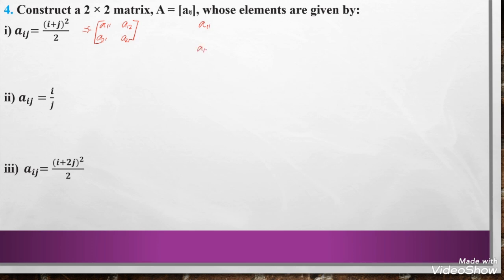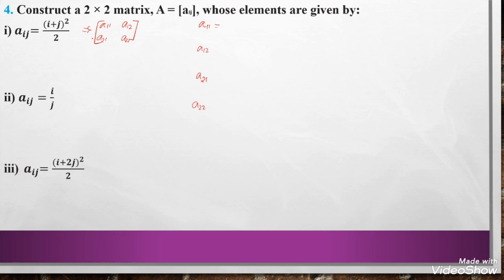Here only a 2 cross 2 matrix is there, so we take A11, A12, A21 and A22.